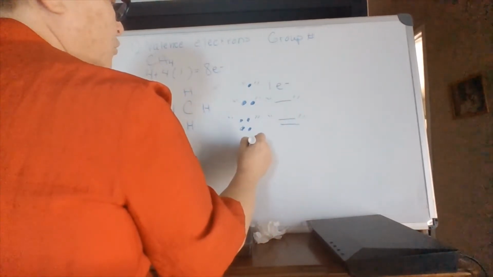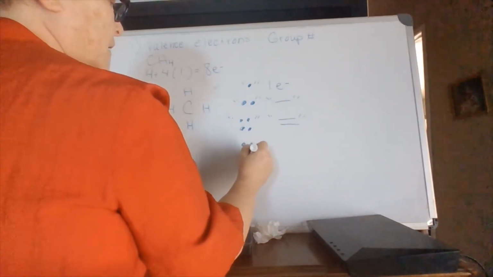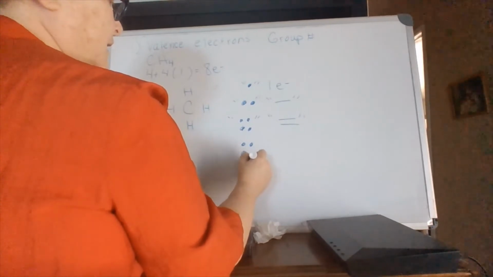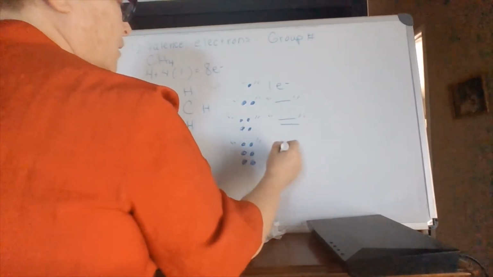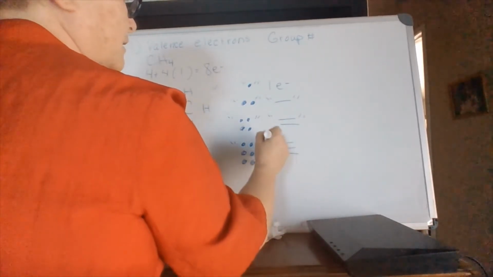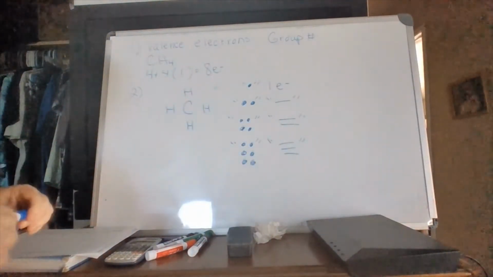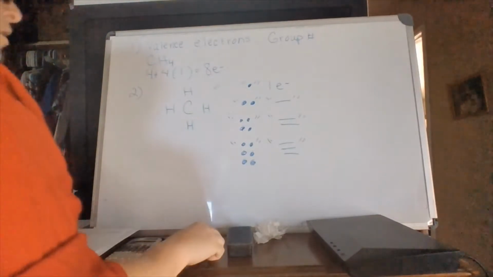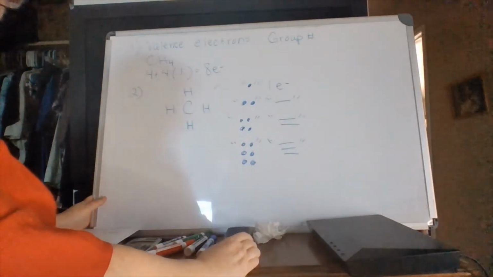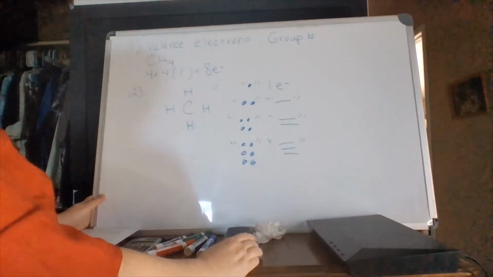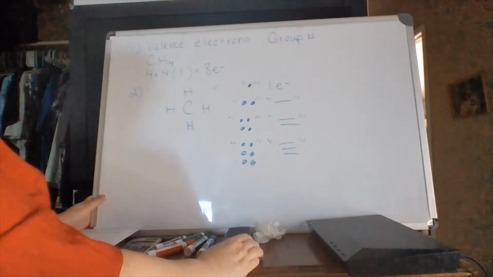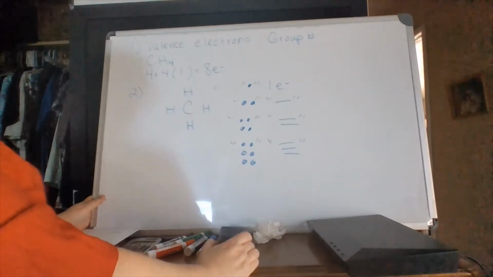And we can show a triple bond as having 6 dots or 3 dashes. So that's part of the code we're going to be using for Lewis structures. So I'll let you take a look at that for a while, make sure you've got it down, and then I'll finish drawing this structure.